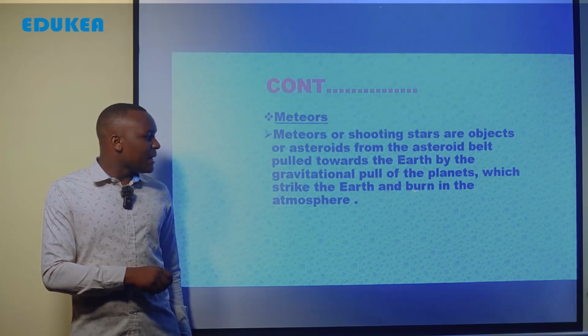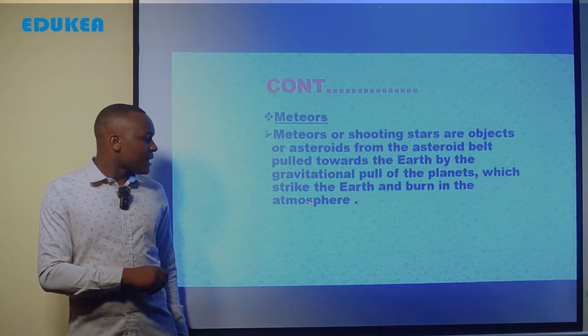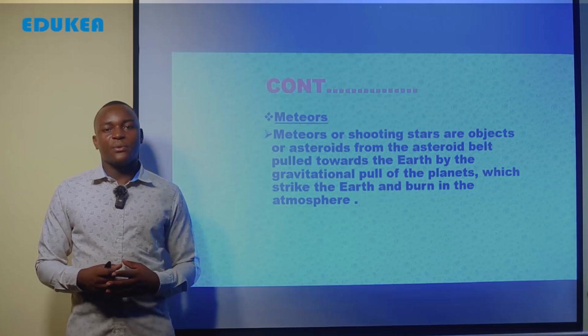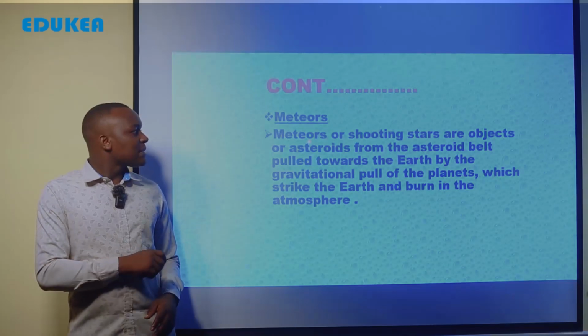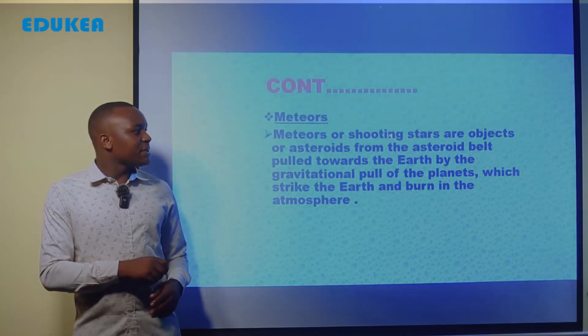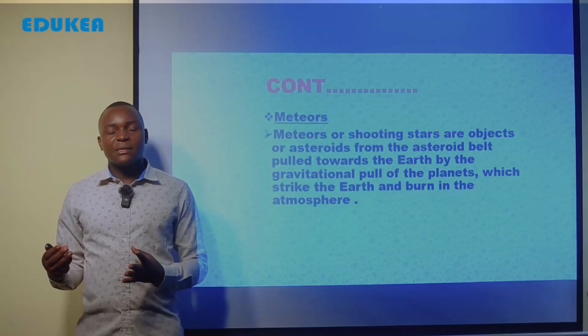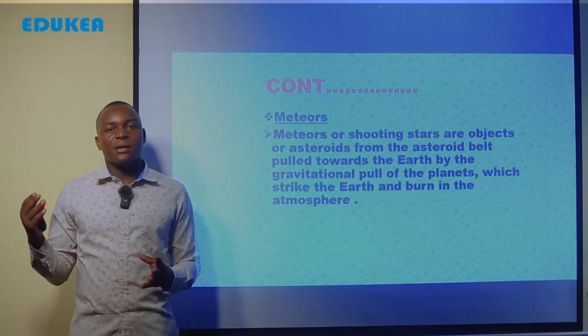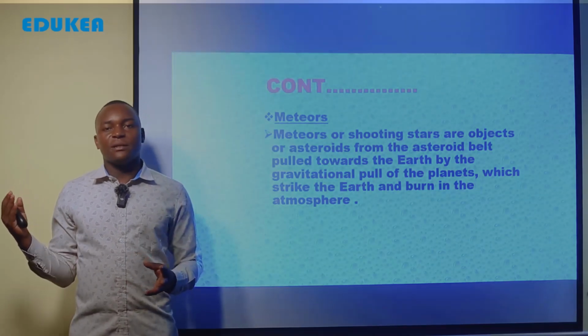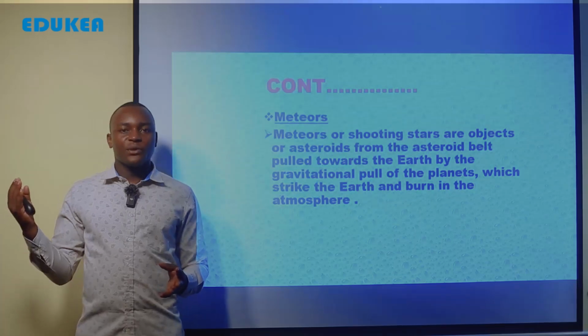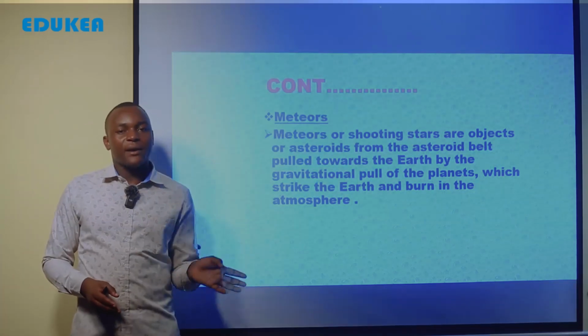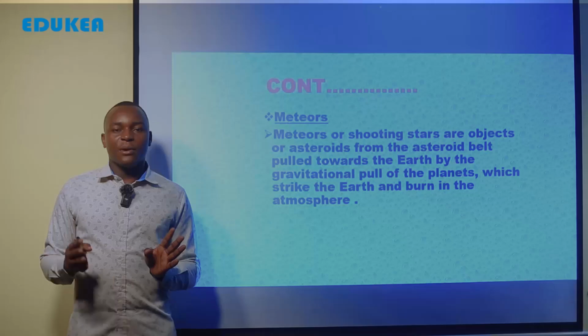Kwa asteroids, those are shooting stars. Kwamba kuna hizi shooting stars during the night unaziona kama zinafanya movement, zinakuwa zinapita. Zikipita, kuna wakati inaanza kupita unaona mwanga, ikifika mwisho unaona ule mwanga umeisha. Those are shooting stars and they are called meteors.